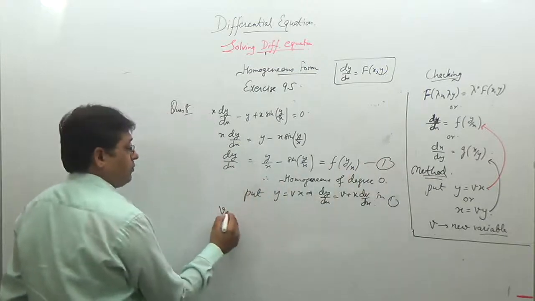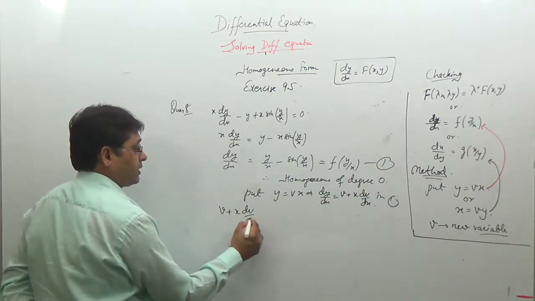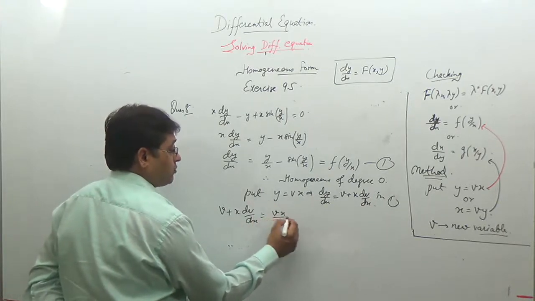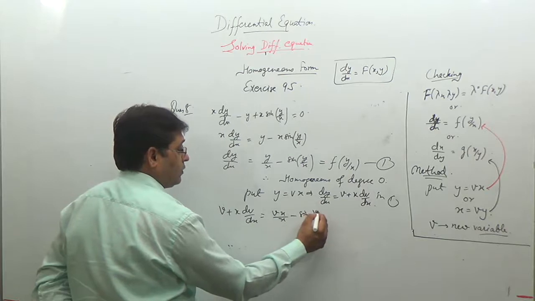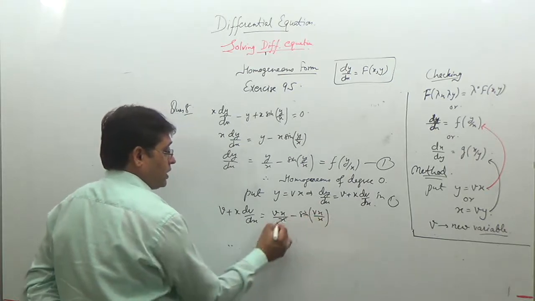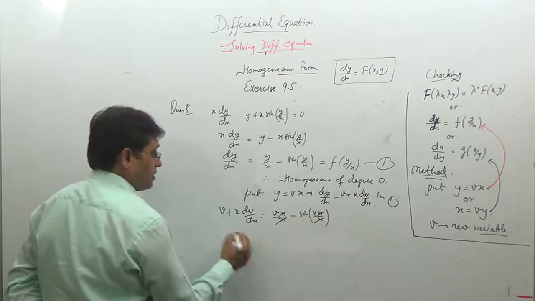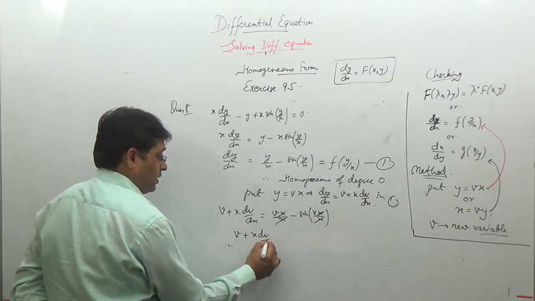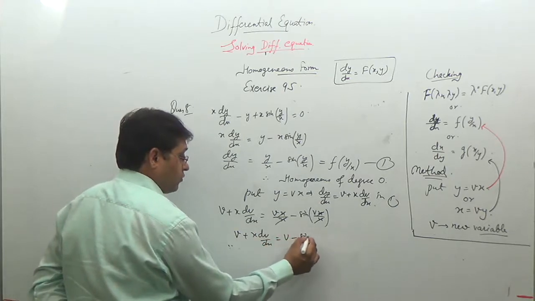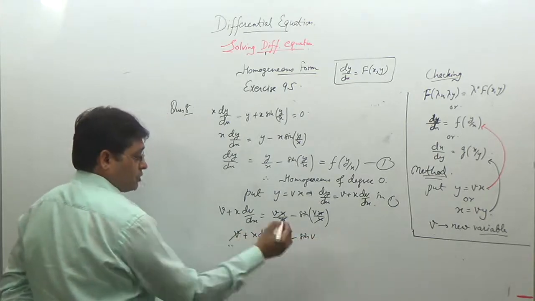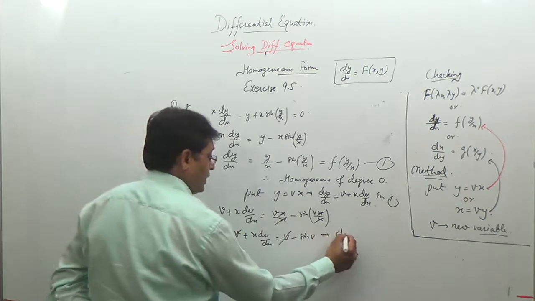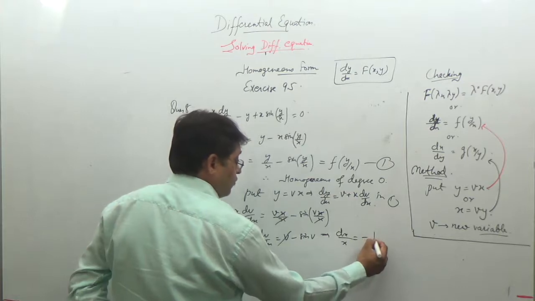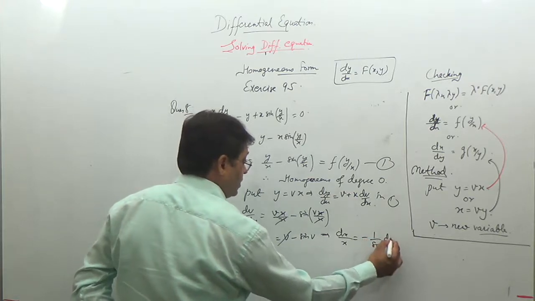You will get v plus x dv by dx equal to vx upon x minus sine of vx upon x, right? x will be cancelled, x will be cancelled, v will also be cancelled. x dv by dx is equal to minus sine of v. Now separate the variables. You will get dx upon x is equal to minus 1 upon sine of v dv.